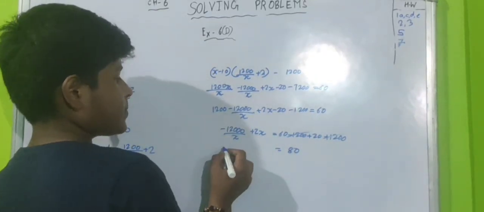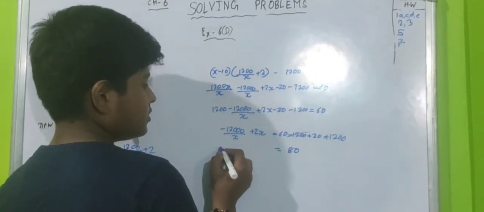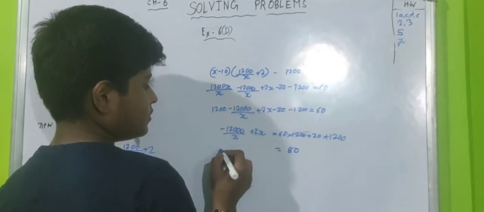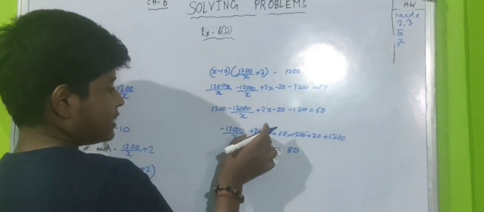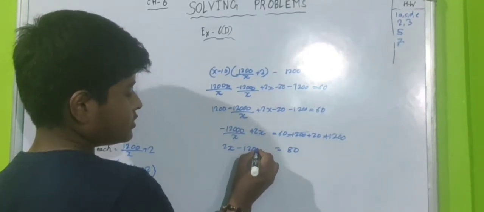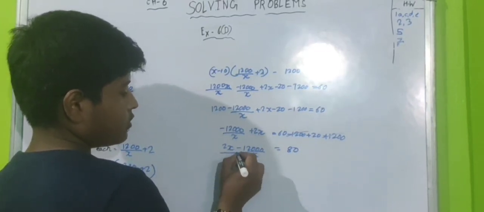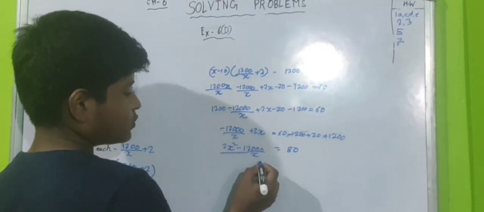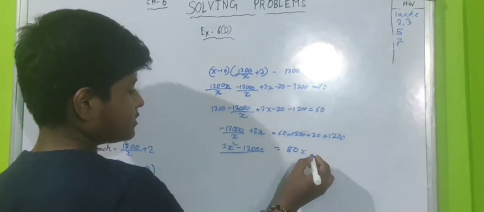Now here take the LCM, and adjust it so that it becomes positive. 2x minus 12000 by x. Now taking whole x will get squared. This will send it here, so it will become x.